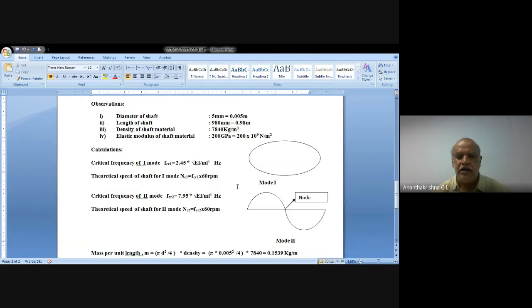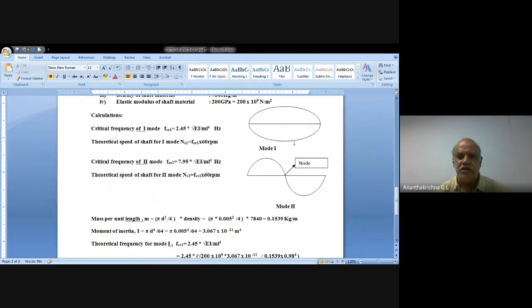Then as you increase the speed of the shaft further, the shaft will oscillate or vibrate in this fashion, where you will get a point of changeover over here. You will get a point of changeover over there.